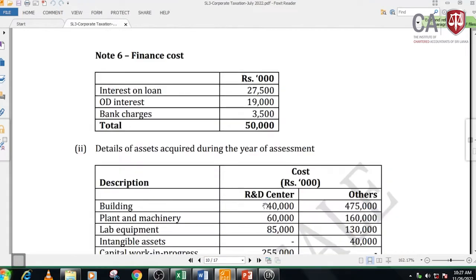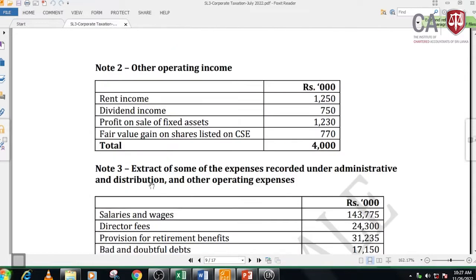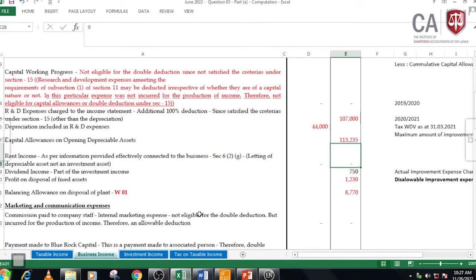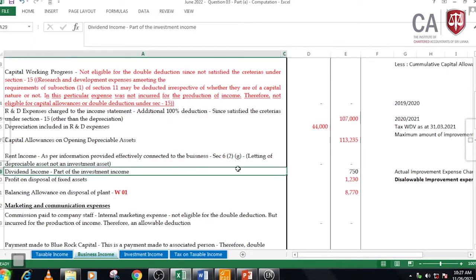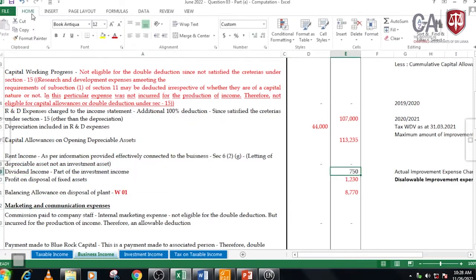Then whatever amount this dividend income has included in the profit before tax, first you have to remove it from the profit before tax, and it shall be identified under investment income as liable and exempted. This is the dividend income. This is part of the investment income. It's 750.